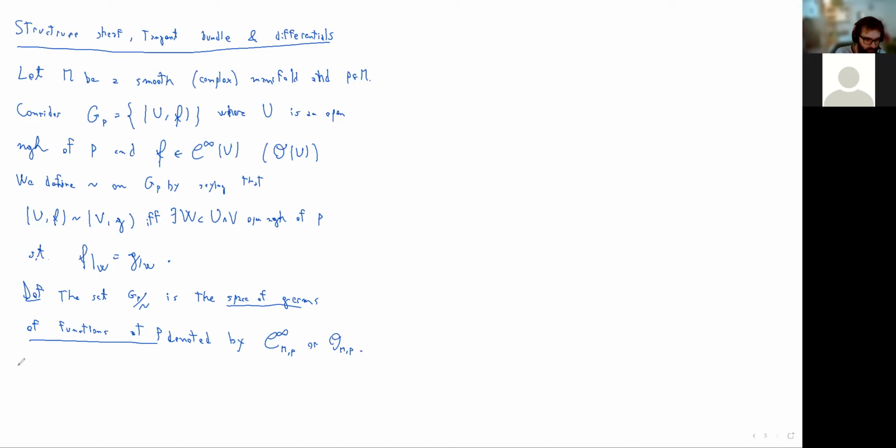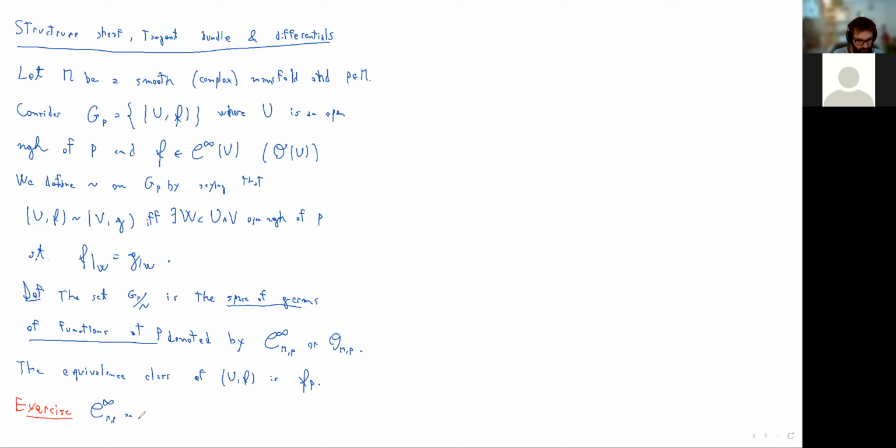And the equivalence class of one particular pair (U, f) is f_P. Okay. So this is an exercise/recall: again, do the exercise if you don't feel comfortable with these objects.